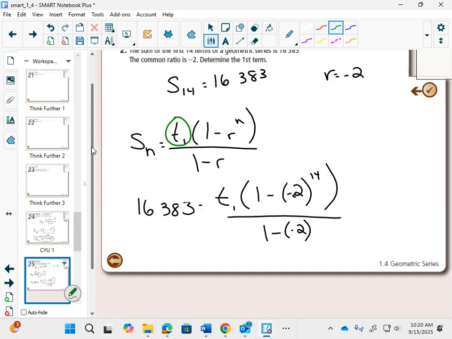Now I'm going to use my mathematical skills to get this by itself. 1 minus a -2 is 3, so I'm going to multiply both sides by 3.